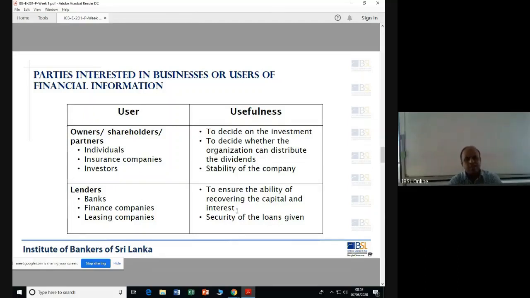Now if I am a shareholder and I have invested in a company, what is my expectation? I am expecting a better return for my investment, compared to my example previously, my FD investment, where I was expecting a higher interest for my FD. But what am I looking at here? I have invested in this company in a certain number of shares to obtain a return.